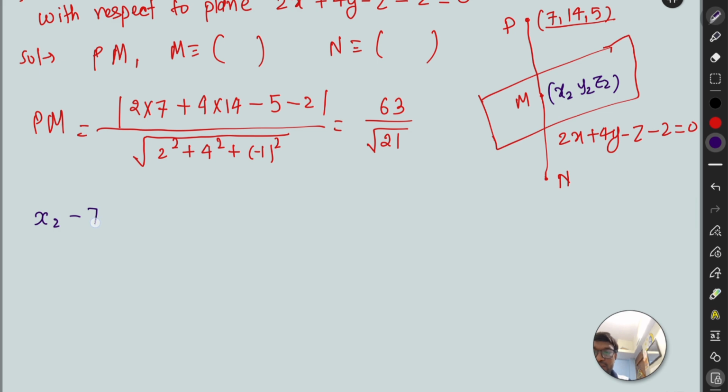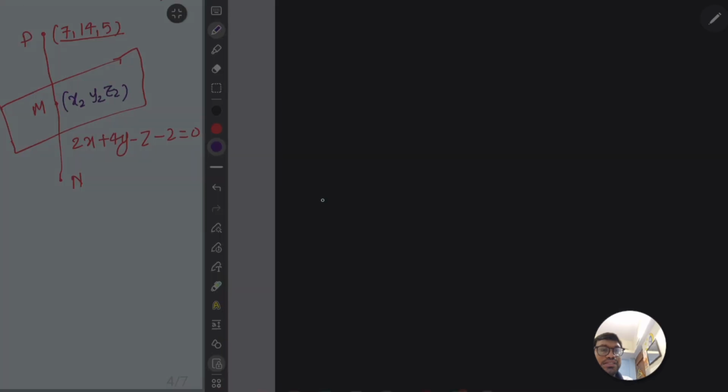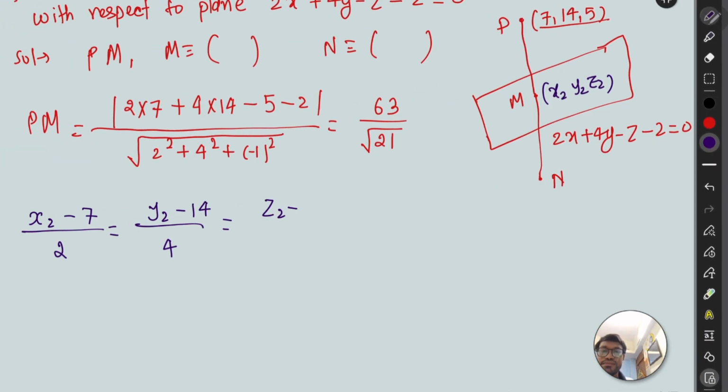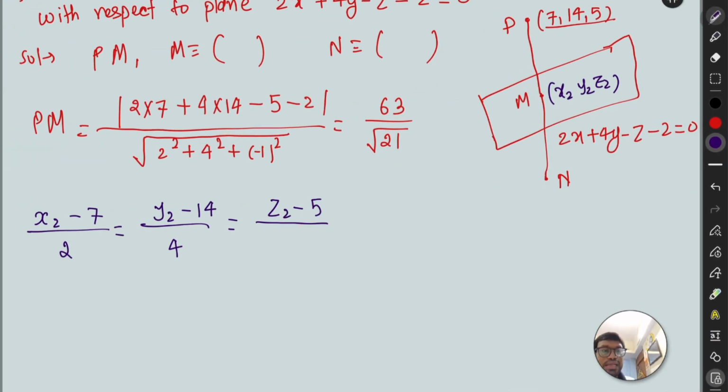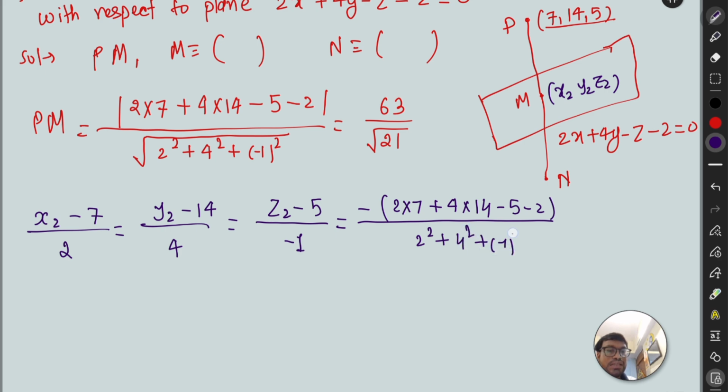So (x2 minus 7) divided by a, which is 2, (y2 minus 14) divided by b, which is 4, and (z2 minus 5) divided by c, which is minus 1, equal to negative of the point we satisfy on the plane: 2 into 7 plus 4 into 14 minus 5 minus 2 divided by 2 square plus 4 square plus negative 1 whole square.